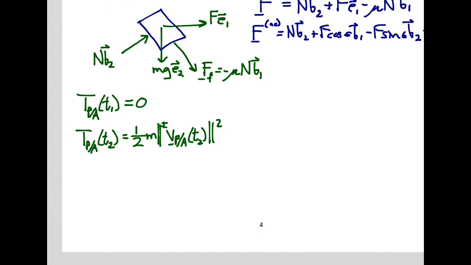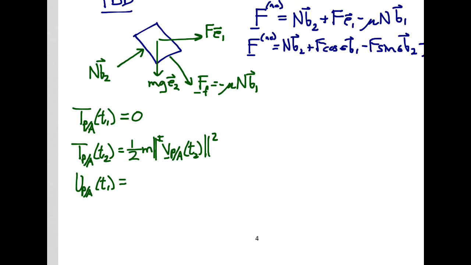So then let's look at our potential energy, p with respect to a, at time 1. And we only have one conservative force. This is going to be gravity. And we've defined this scalar potential as mg, and then we'll take r of p with respect to a at time 1, and then we're going to dot this with negative E2.